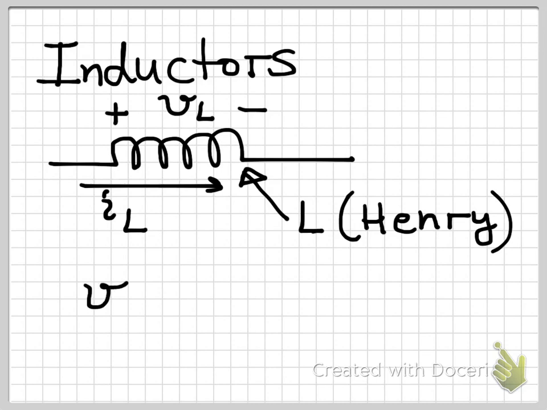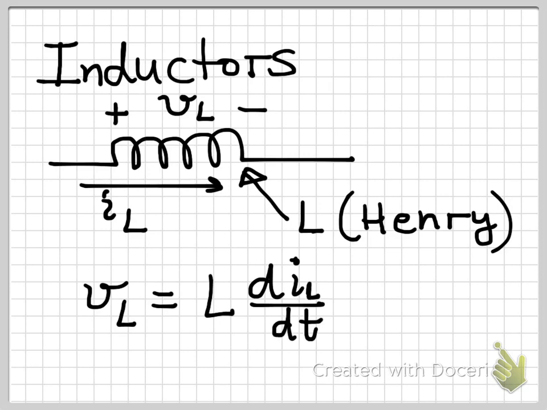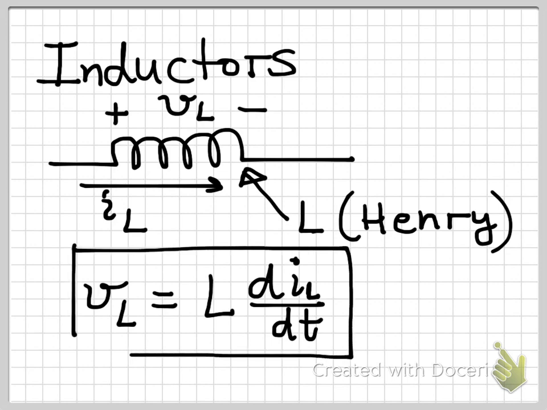So the relationship between voltage and current for an inductor is voltage VL equals L times the derivative of current I. That's the equation for an inductor, which relates the voltage and the current. So our discussion about the inductor's behavior will be around this equation.